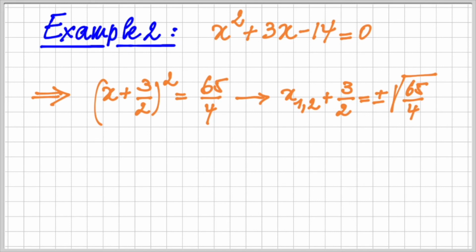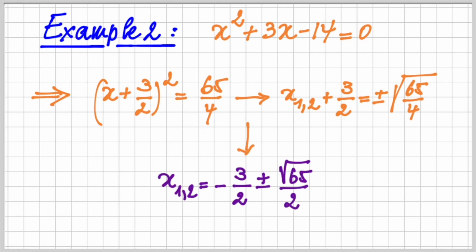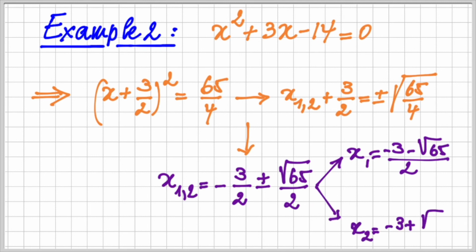We can take out the square root of 4, which is equal to 2, and we can say that x1 and x2 are equal to minus 3 halves plus minus square root of 65 divided by 2, which gives us x1 minus 3 minus square root of 65 divided by 2, and x2 minus 3 plus square root of 65 divided by 2. And that's the solution of the second polynomial.